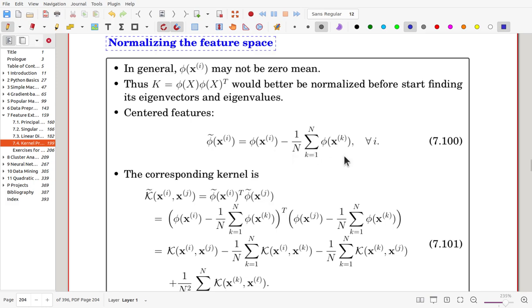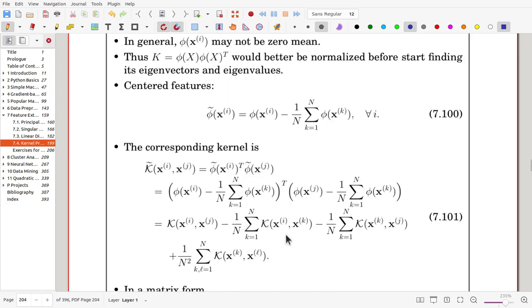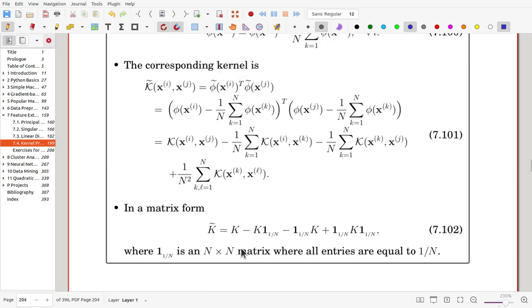Then, once you are using the kernel, here it can be written this way again, with a transpose and the original normalized one, and we expand and reach these 4 terms.